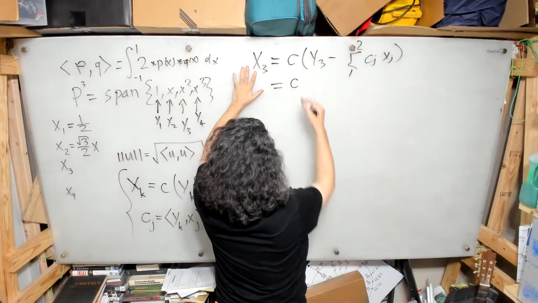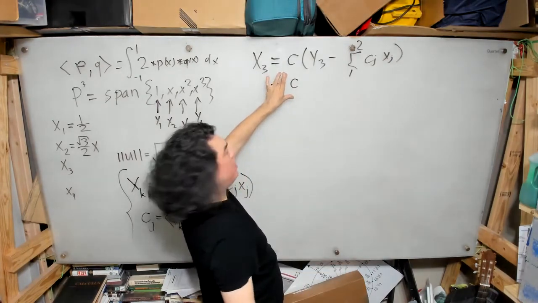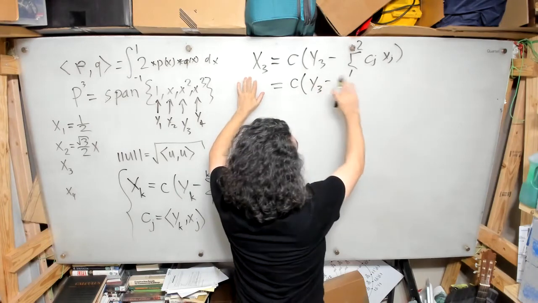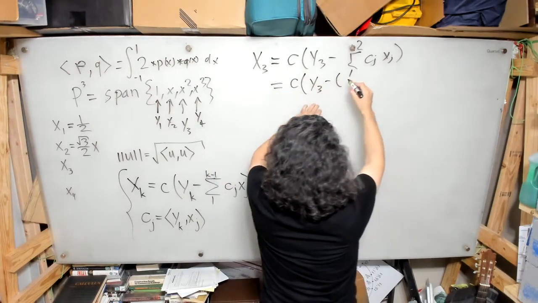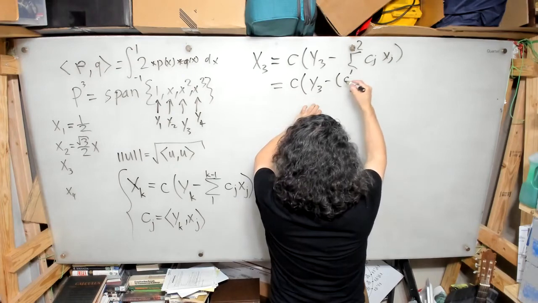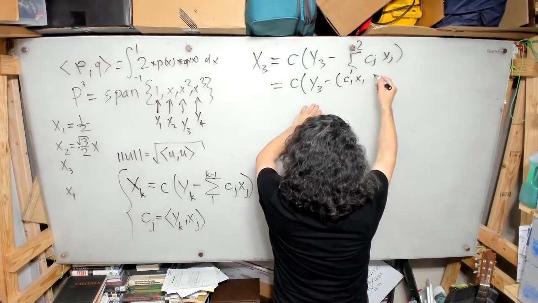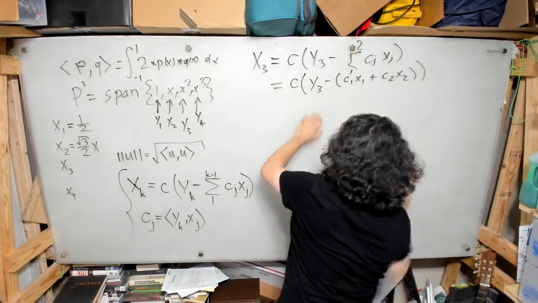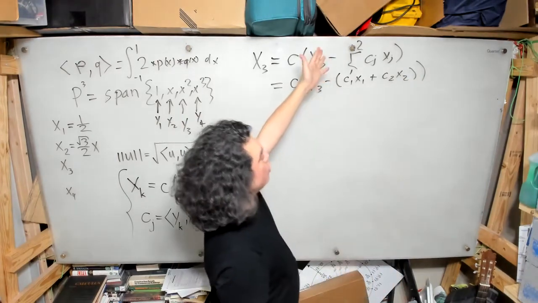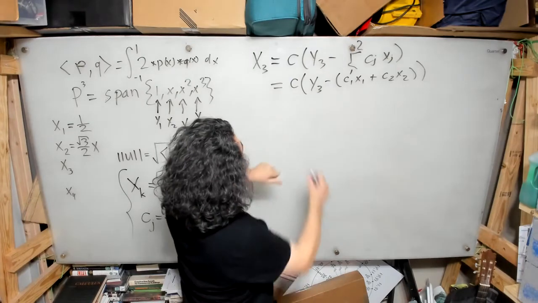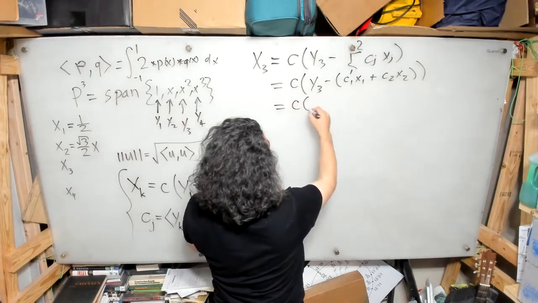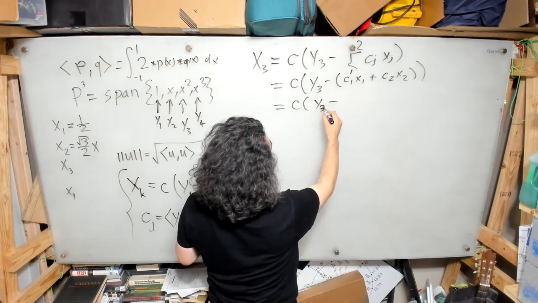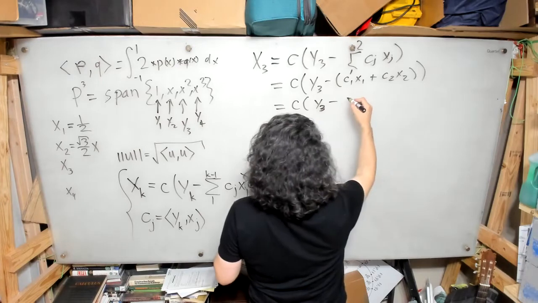It's going to be c, again a constant that will be determined at the end, times my y3 minus the sum, so I'm going to have c1 x1 plus c2 x2, and in this case that's it, because of course the sum goes from 1 to 2. Now this is going to be c times my y3 minus my c1 x1.